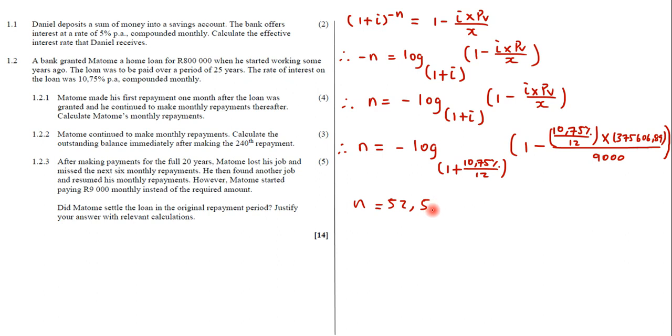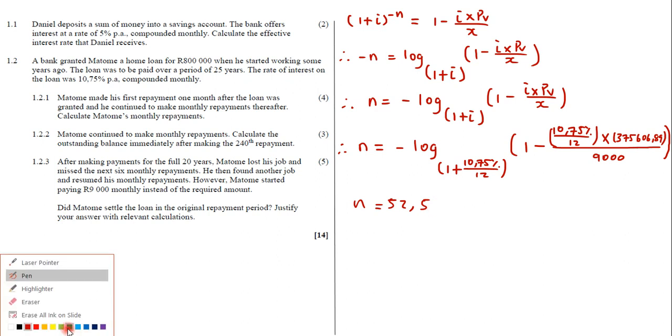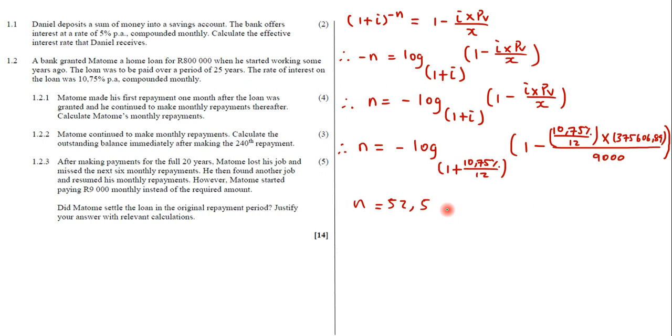Now, what does this answer mean? Remember, in order for me to complete that 5 years, I needed to make 54 more repayments. But with the 9,000 that I decided to pay instead of that 7,000 something, I ended up finishing this off with 52.5 payments.